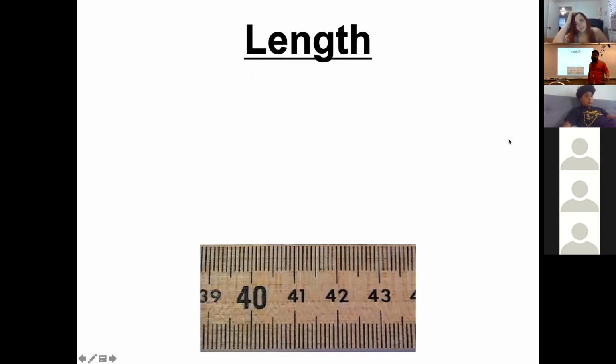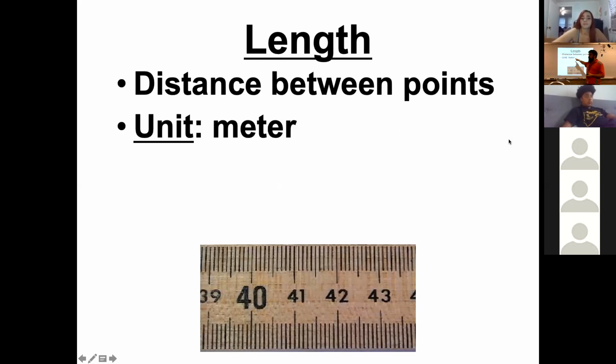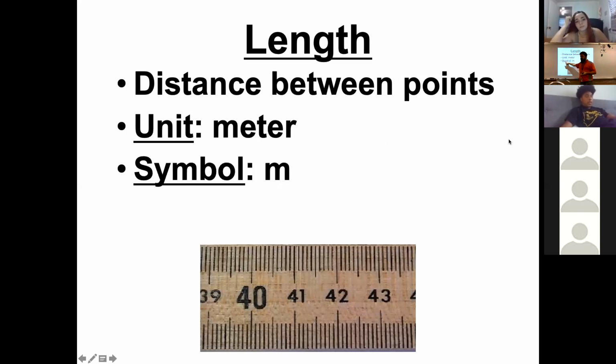So length, we use as the distance between 2 points, and the unit we use is the meter. We will make that symbol the letter m. It's really important you know that it's the lowercase m. If you were trying to write 50 meters and you wrote it as 50 with a capital M, that actually means something completely different from meters.